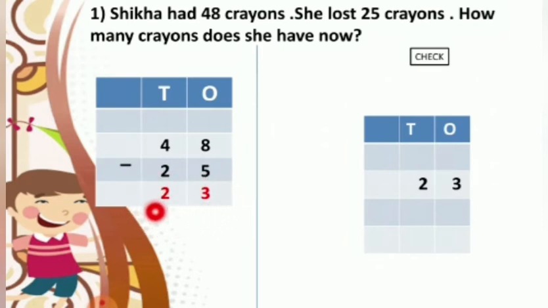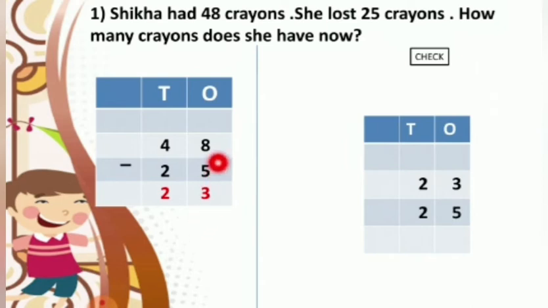So we will write this first, that is 23. Then we will write subtrahend. You know what is subtrahend? Yes. So let's start. 2 in tens column and 5 in ones column.